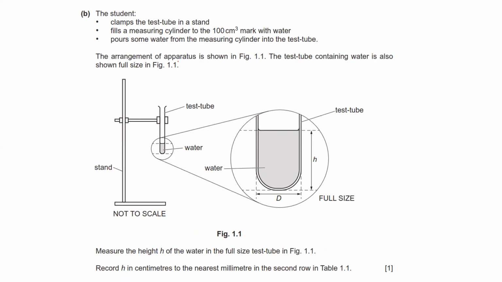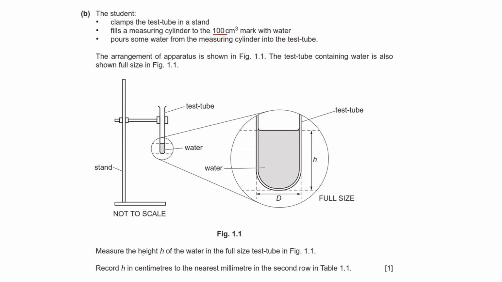Then part B. It says the student clamps a test tube in a stand, fills the measuring cylinder to the 100 centimeter cube mark with water, and pours some water from the measuring cylinder into the test tube. The arrangement of apparatus is shown. The test tube containing water is also shown.